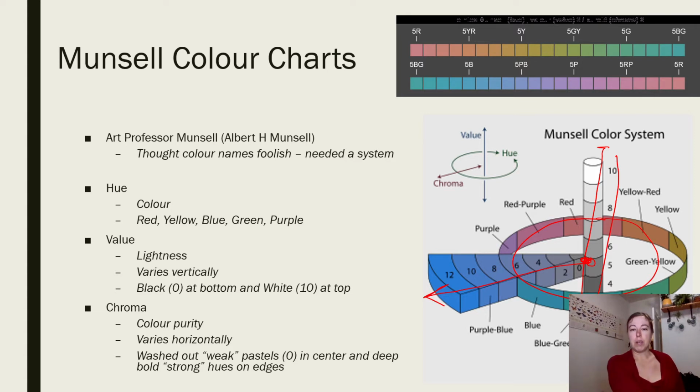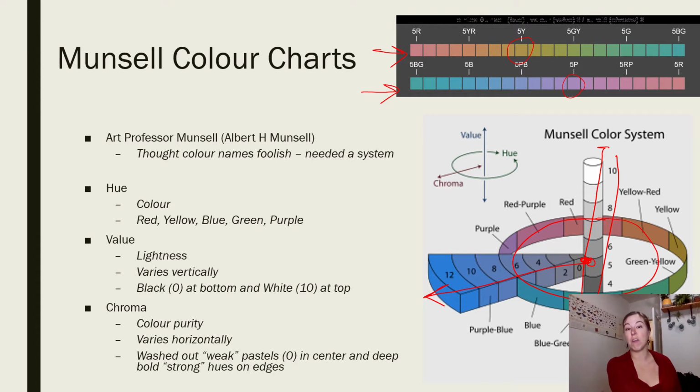This is an example up here of his actual color charts, and 5 being like middle ground. So 5Y, that's a pure yellow per se. 5P is a pure purple.